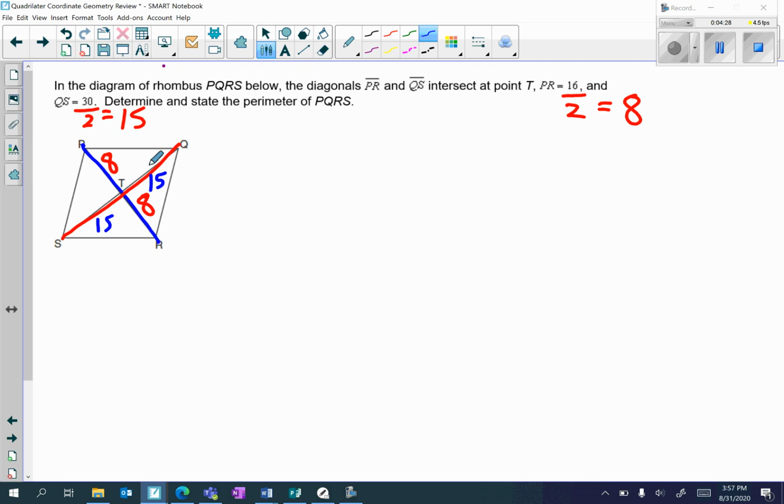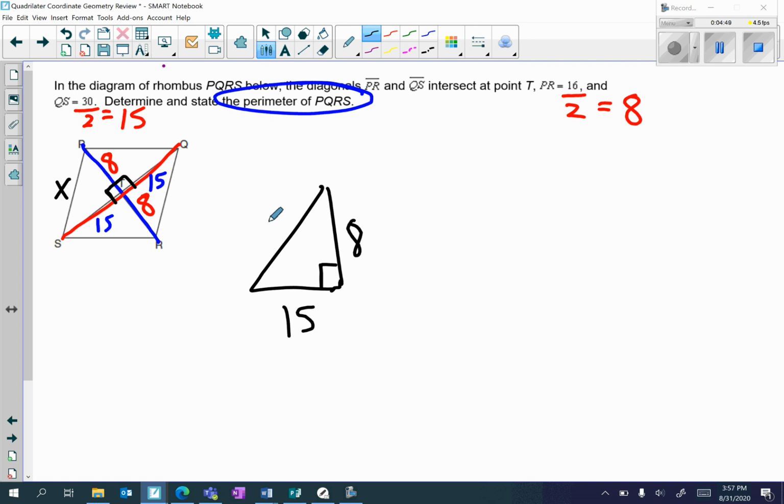Again, I'm looking for the perimeter of PQRS, so I want to know what the side length is, and then I can just add it 4 times or multiply it by 4. Also remember that the diagonals of a rhombus create 90-degree angles. So I'm left with a right triangle that has 2 legs of 15 and 8, and I want to know what the hypotenuse is, which is the longest side across from the 90-degree angle.